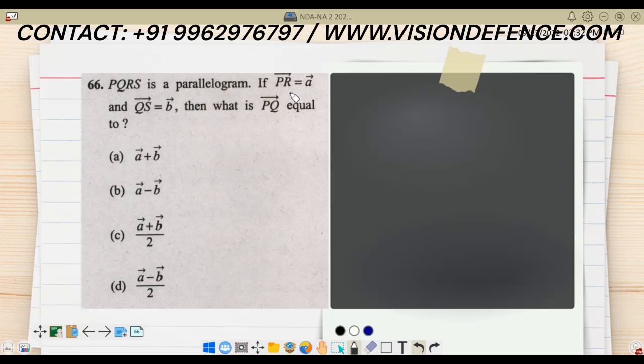PQRS is a parallelogram and PR is the vector A, QS is the vector B, then what is PQ equal to? Right, so we need to draw the diagram first. It is given that PQRS is a parallelogram, so we will draw a parallelogram first.